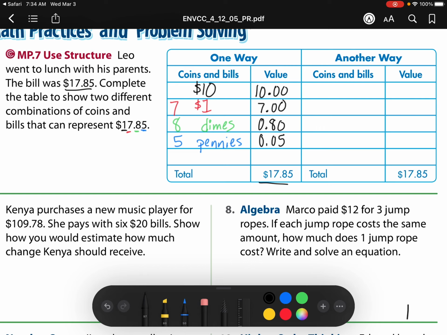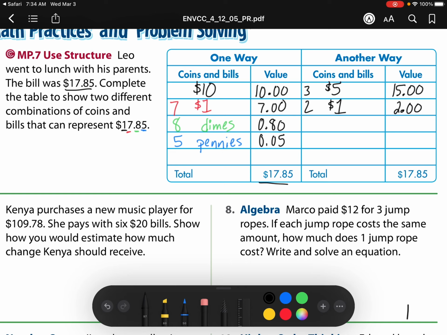Now, it wants a completely different one. So let's do it this way instead. Let's do 3 $5 bills, which is going to be $15. Then we need to go from 15 to 17. So what might that look like? Well, that's going to be 2 $1 bills, which would be $2. Now we need to get 85 cents.